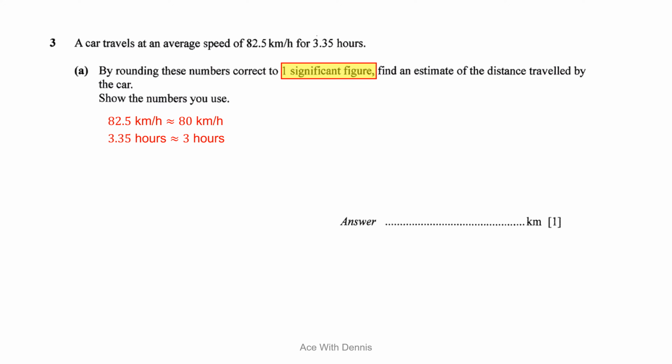Distance equals speed times time, so 80 times 3 is 240 kilometers. Hence, 240 km is the answer.